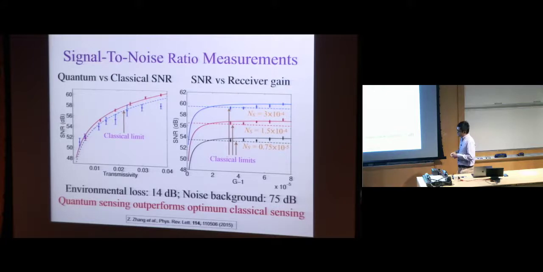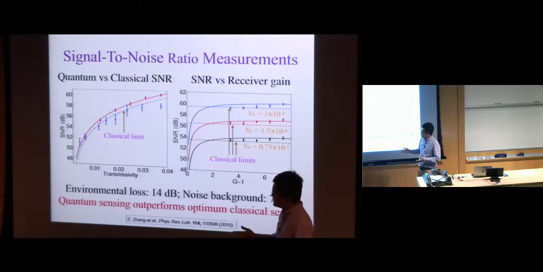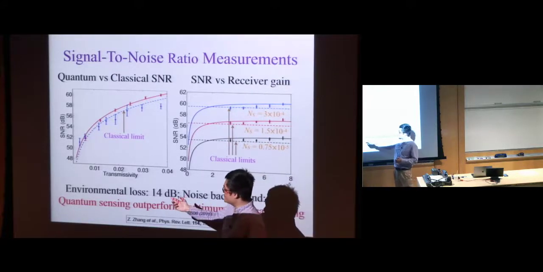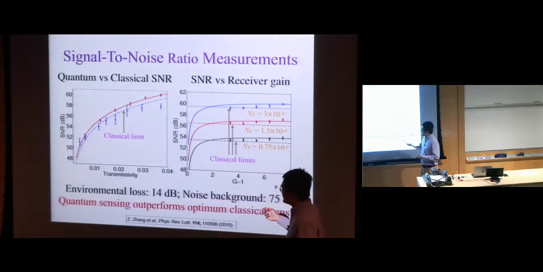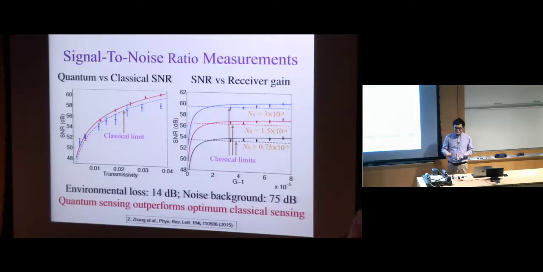And remarkably, this result was obtained in an environment with very large loss, 14 dB loss, and the noise background is actually 75 dB more intense than the signal you send. Which means the majority of the photons you receive would just be this noise background. And even in this case, you get this quantum enhancement enabled by entanglement.